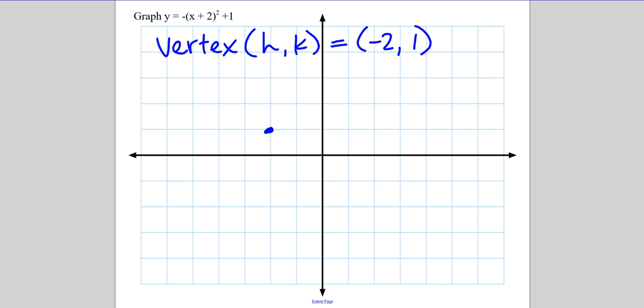And then it's negative, and our leading coefficient here is -1. So because our leading coefficient is -1, it's going to go down, but it's going to follow that same pattern. So we can do our regular pattern here.